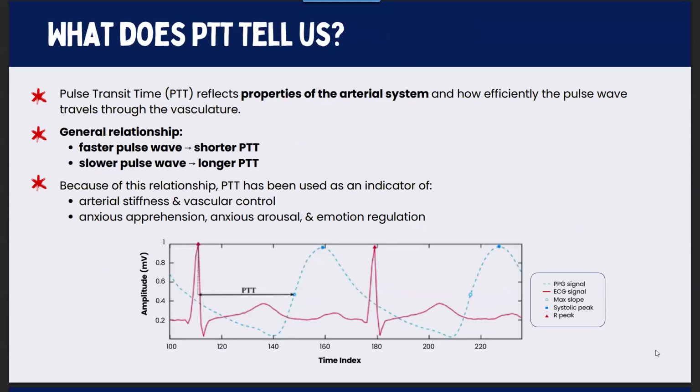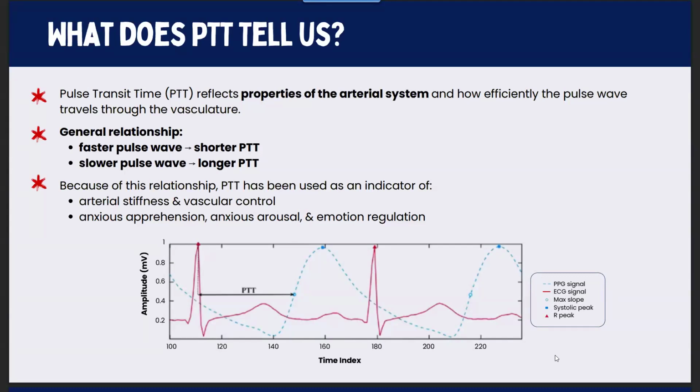Okay, so now that we've talked a little bit about how PTT is calculated, let's talk about why it's so interesting. PTT really reflects the properties of the arterial system and how efficiently the pulse wave is able to travel through the vasculature. So let's break this down into the general trends of the relationships.